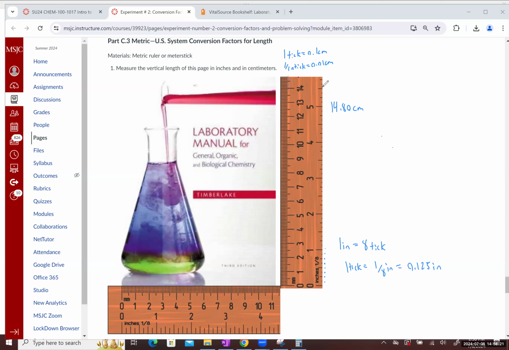So we're past 5. We're 5, 1, 2, 3, 4, 5, 6. So we are somewhere between 5 and 6/8 and 5 and 7/8. So I'm going to say that it's somewhere in between those two values.